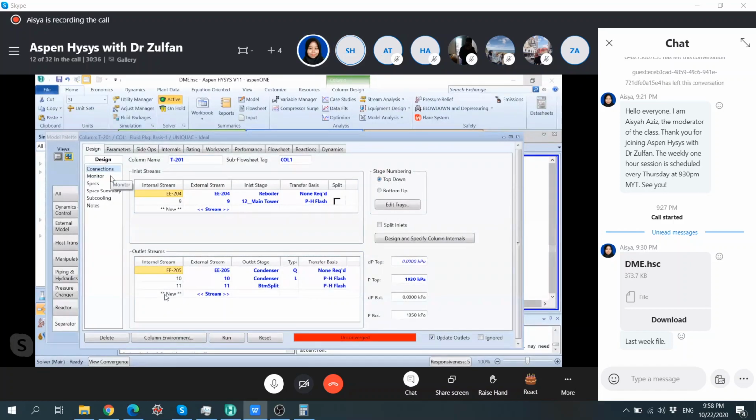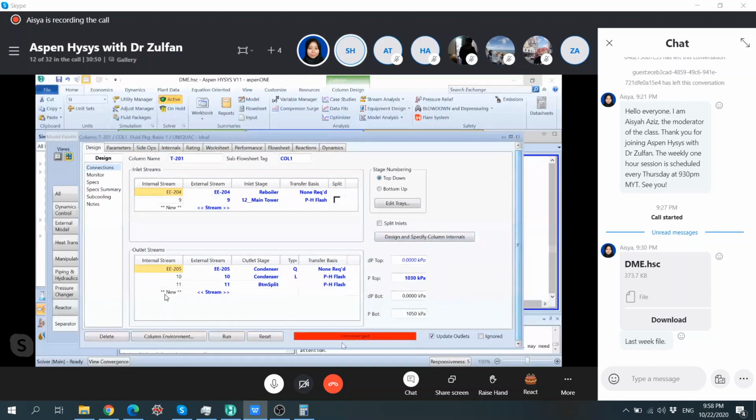Let's see. I don't know how we go back to that page. Is it this one? No, not this one. Do you remember that we selected one of the reboiler types? I think because we selected the option in the middle, we have a split.